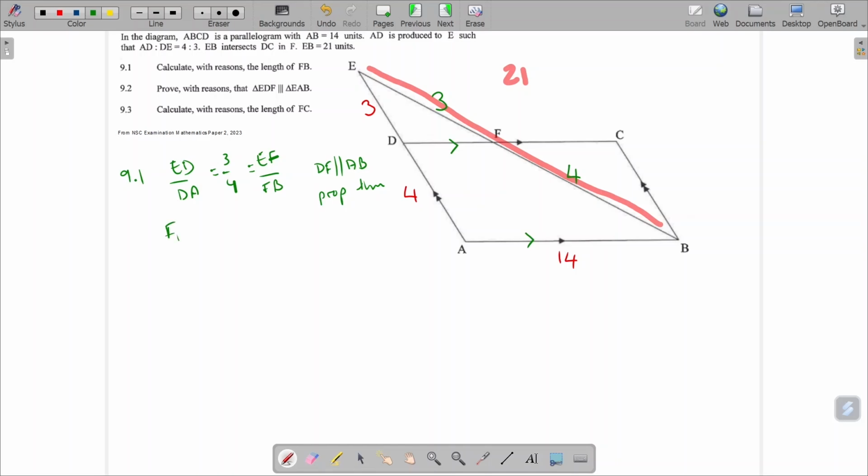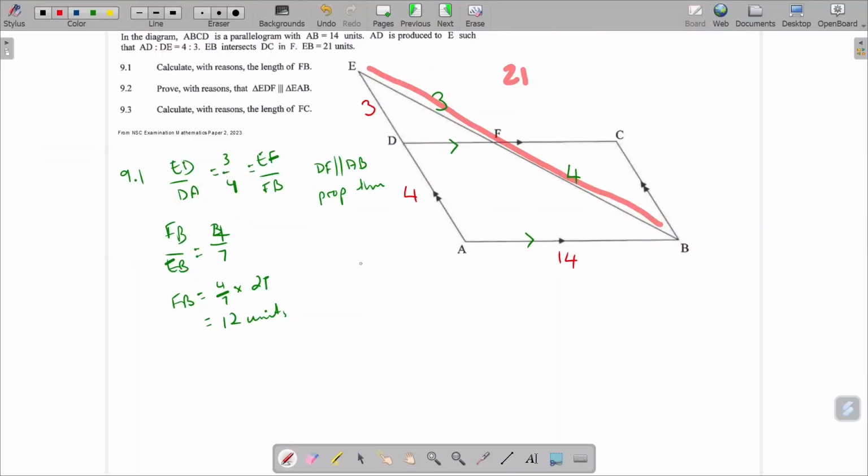Therefore, FB over EB would equal 4/7. We know that EB is 21. So FB is 4/7 of 21, and 7 goes in there 3 times, so it equals 12 units.